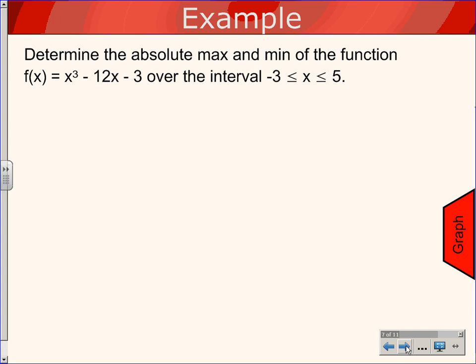Okay, question here says, determine the absolute max and min of the function over that particular interval. So what I said a second ago is we need to consider two things. We need to consider our local maxes and mins, which now we're just calling critical points.